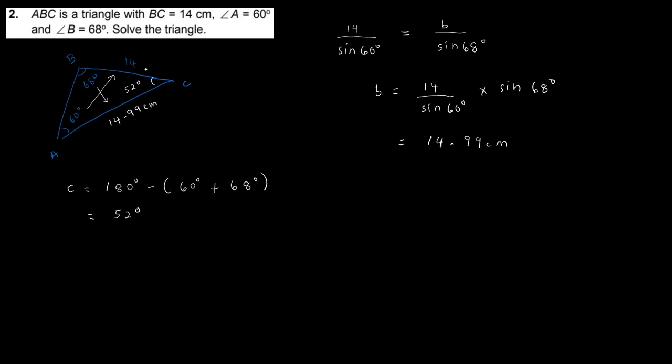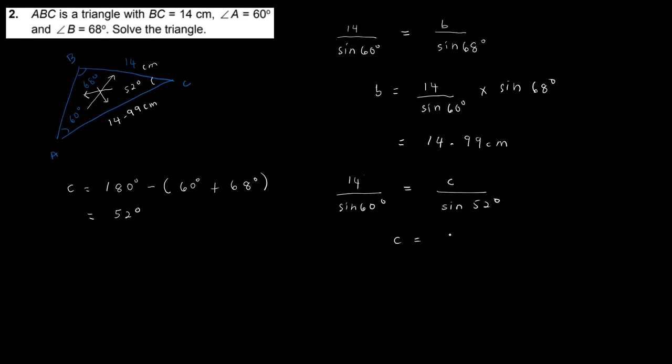Okay, 14.99 cm. And the last side that we want to find is the one opposite to angle C. Okay. And again, I will use 14 cm and 60 degree. So 14 over sine 60 equal small c over sine 52 degree.